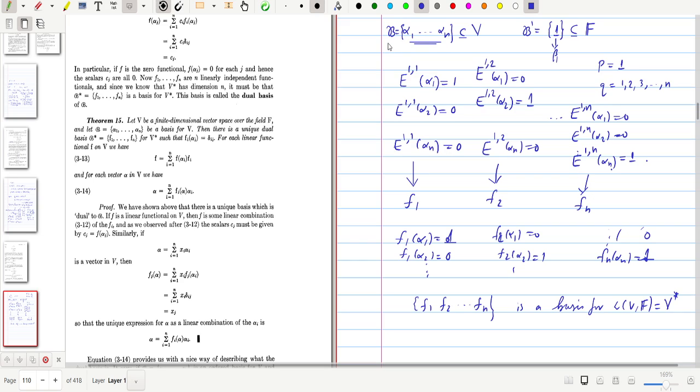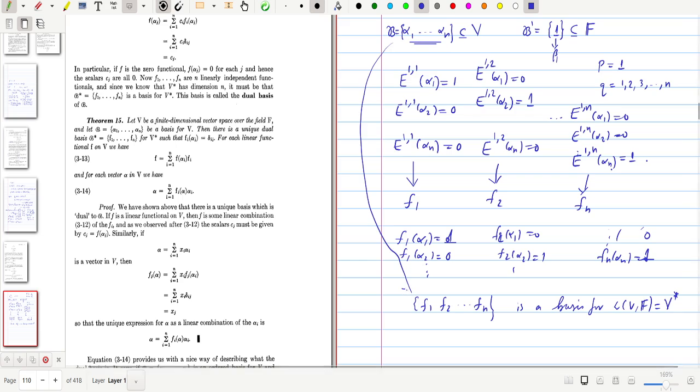So the basis f1, f2, fn corresponds to the basis alpha 1, alpha 2, etc., alpha n. We call this the basis for V star, that is the basis for the dual space. Then this is what we call the dual basis. This dual basis is constructed using the basis B. So f1, f2, fn defined in this manner is called the dual basis of the basis B of V.